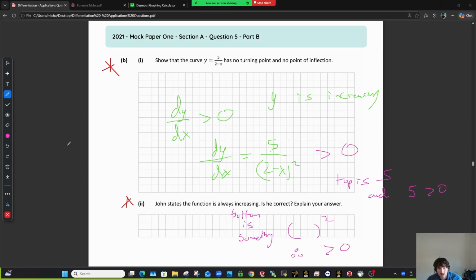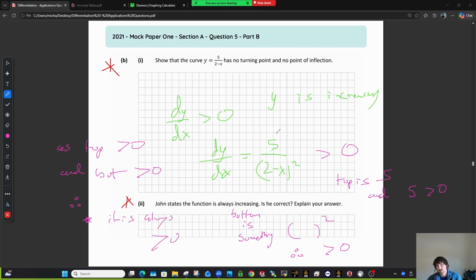And then you would just say, as top greater than 0 and bottom greater than 0, therefore it is always greater than 0.